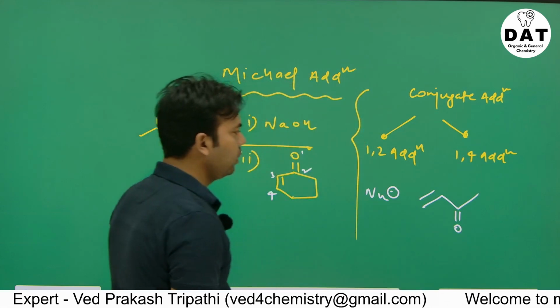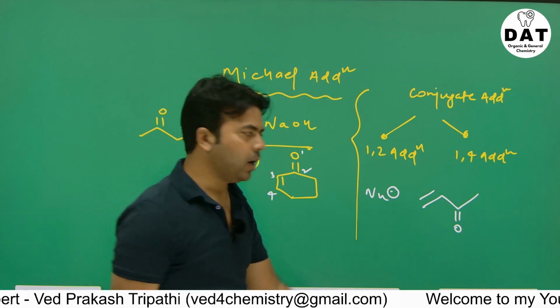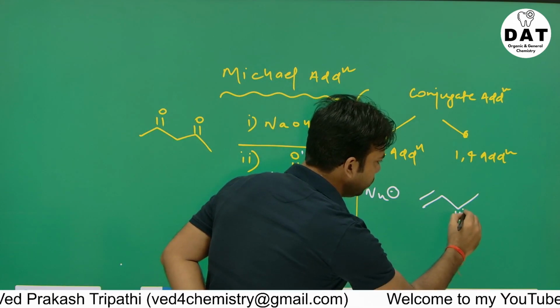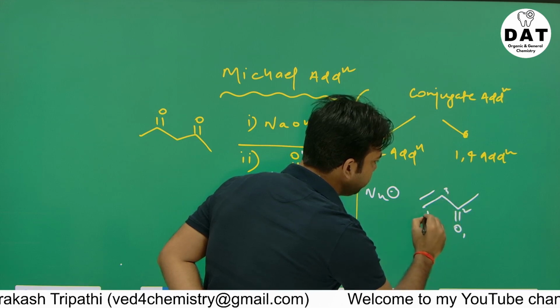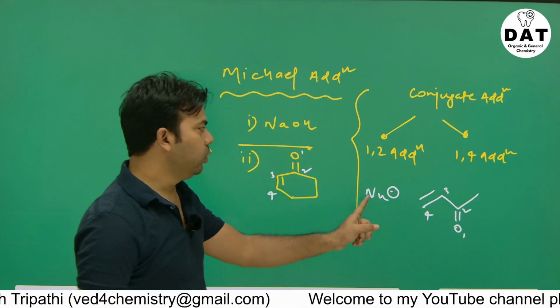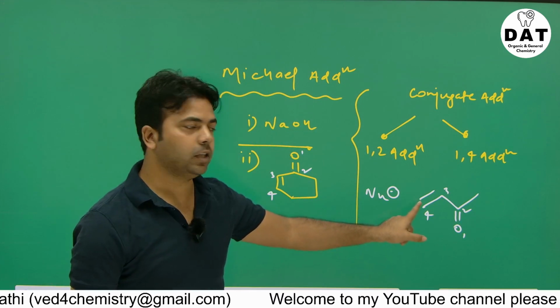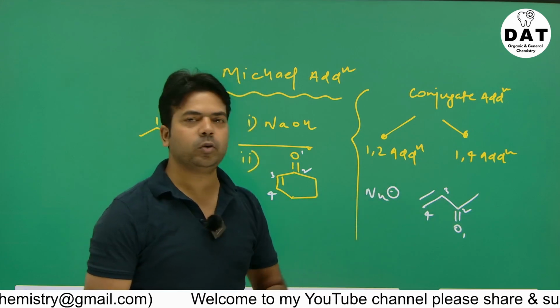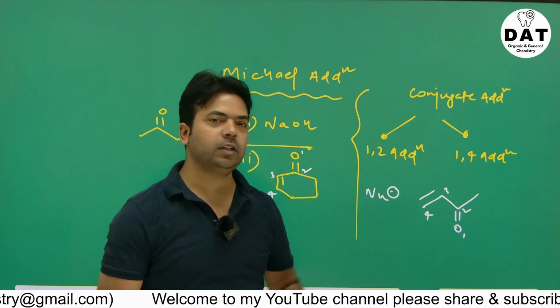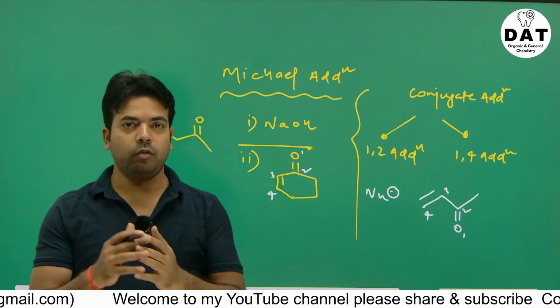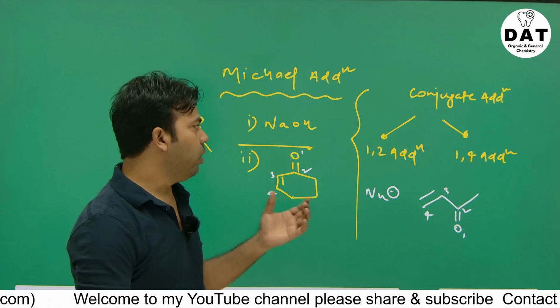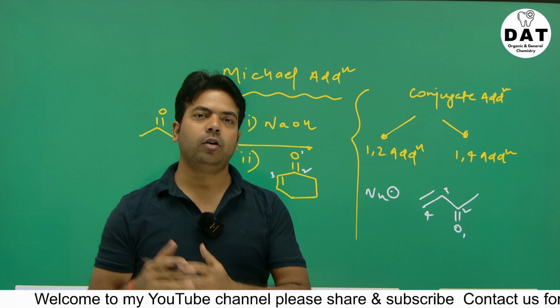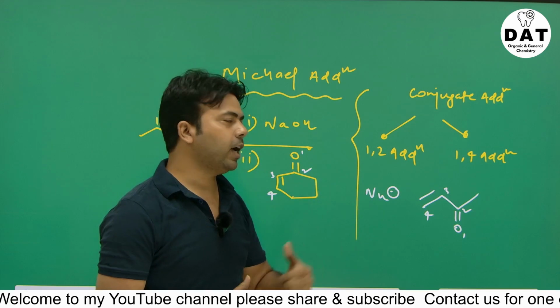Clear? So first you have to mark numbering 1, 2, 3, 4. If the nucleophile attacks at the 4th position, this is called 1,4 addition. And if the nucleophile attacks on the 2 position, then that is called 1,2 addition. So how can we decide which one is going to attack on the 2 position and which one is going to attack on the 4th position?